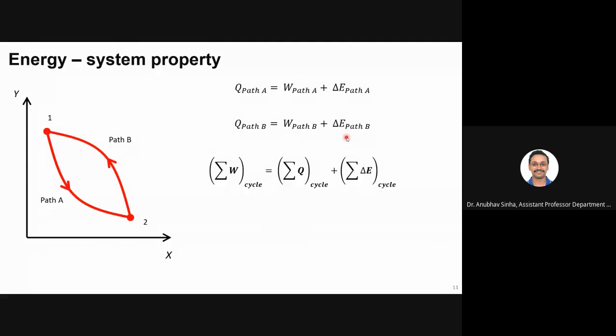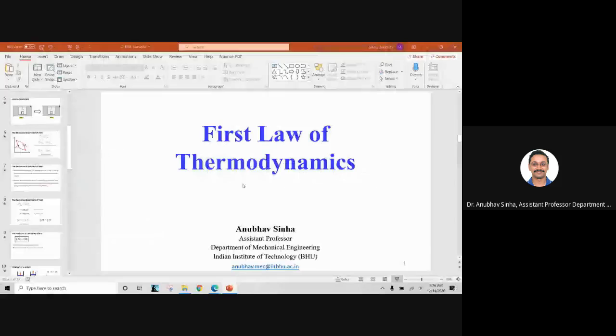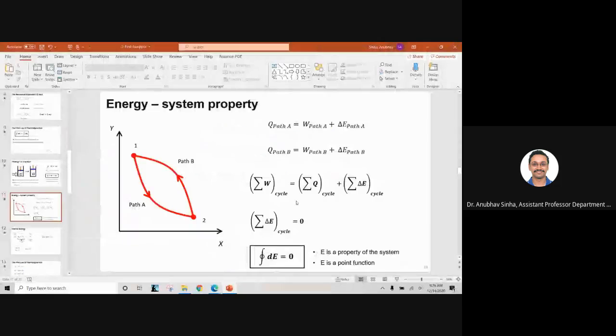If I add all this, it becomes a cycle. Right? A and B, two paths, are forming a cycle. So if I add Q for path A and path B, it becomes Q for a cycle. So I have written it wrong. Let me correct it. So it will be like this.